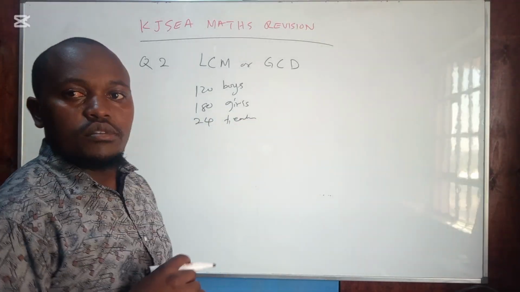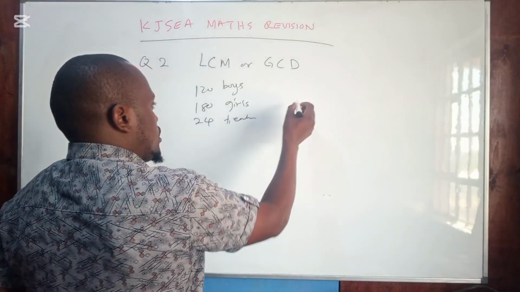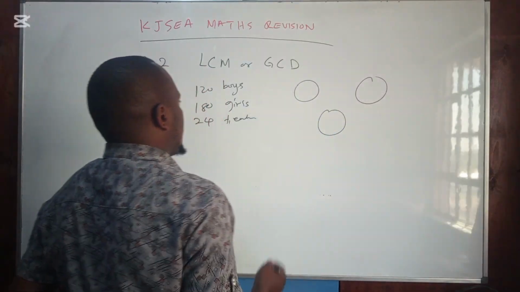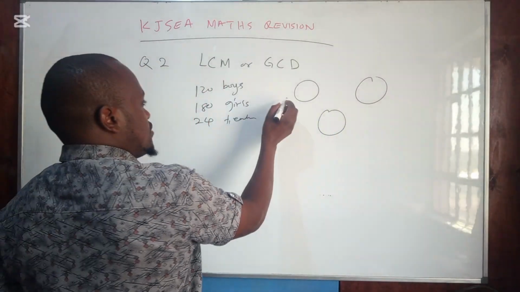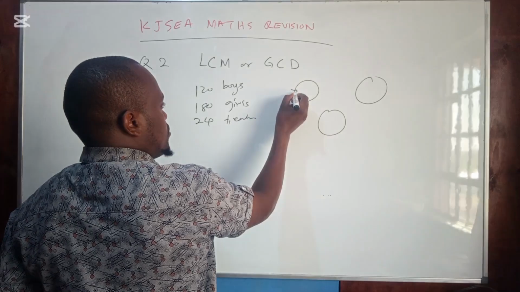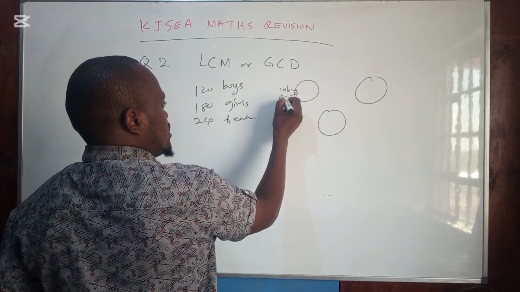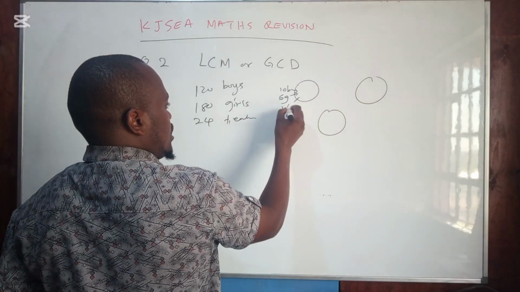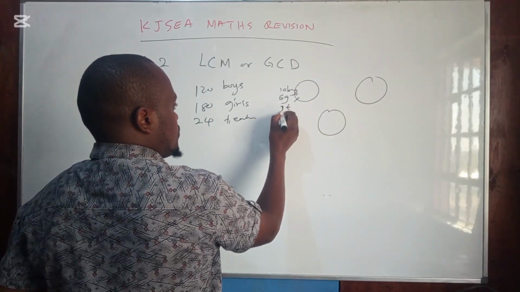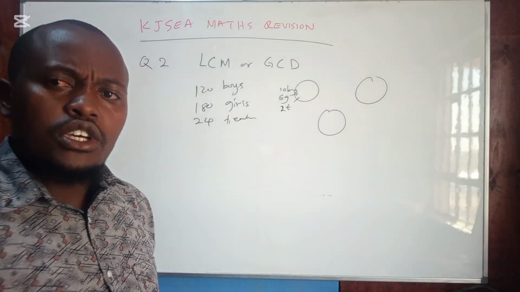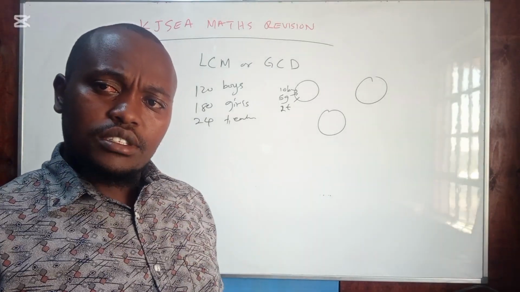Now we want to form groups where, if we have this group and another group, we are going to have the exact number of boys. For example, if boys are 10 and 5 girls, just an example, and 1 teacher or 2, then all groups will have the exact number. So the first thing is to understand the question.